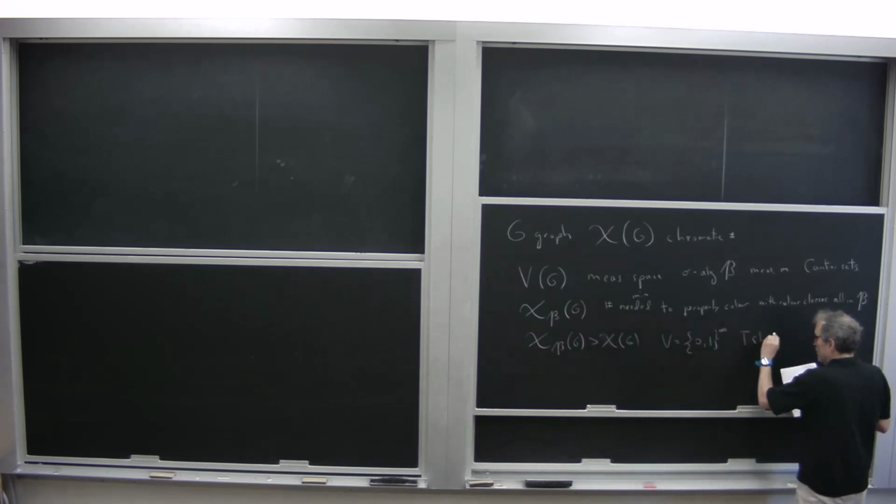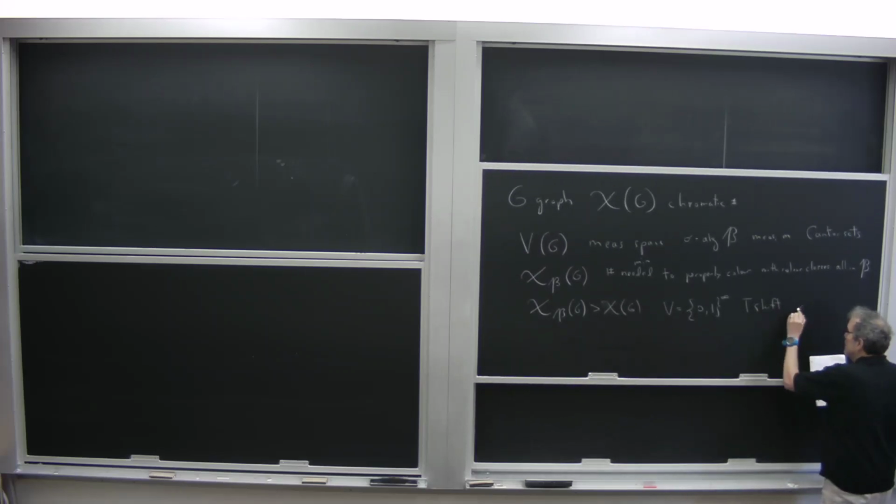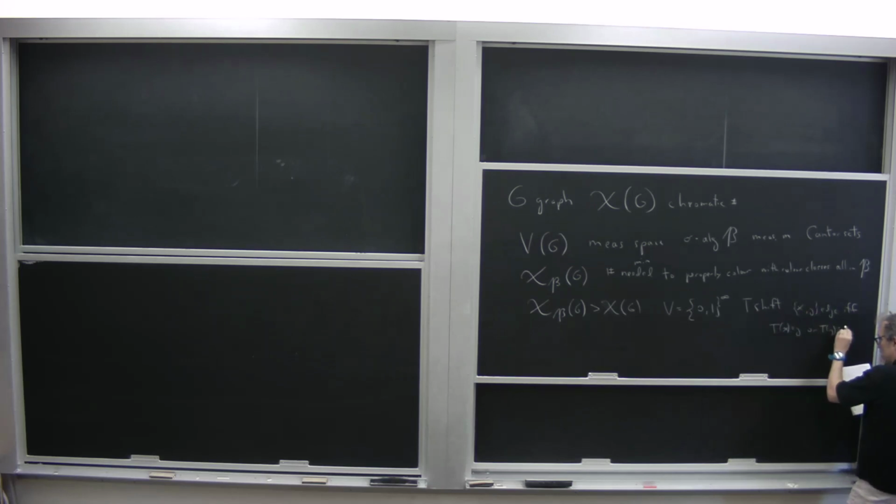This is the standard shift. And we could say that (X, Y) is an edge if and only if Tx is equal to Y or the opposite, Ty is equal to X, right?